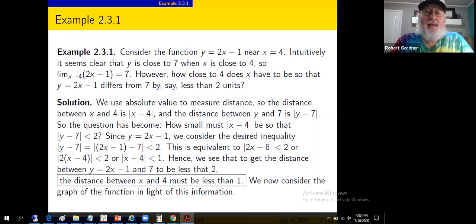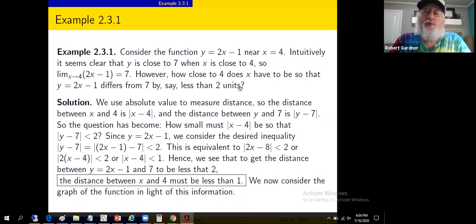The idea is we ought to be able to make the y value or the function value as close as you want to 7 if this limit statement is actually true. We ought to be able to make this quantity as close to 7 as you want by making x sufficiently close to 4.